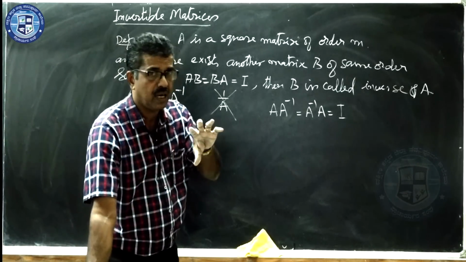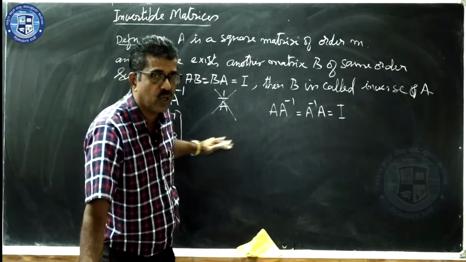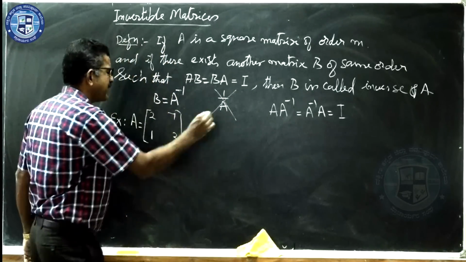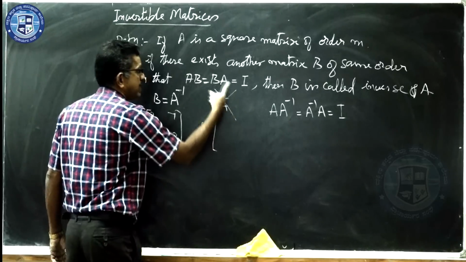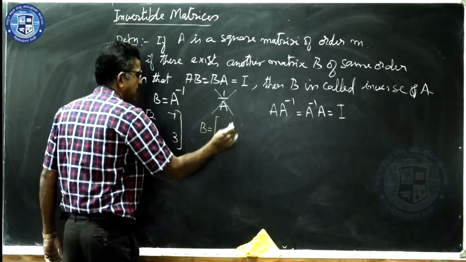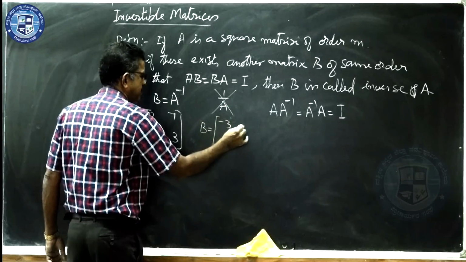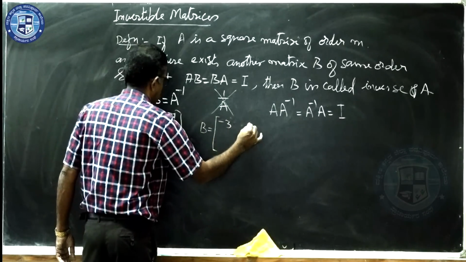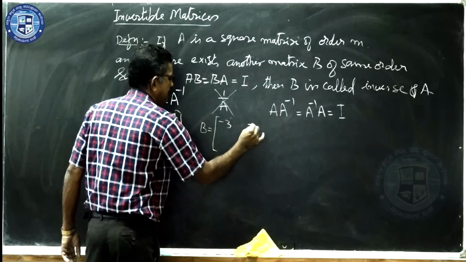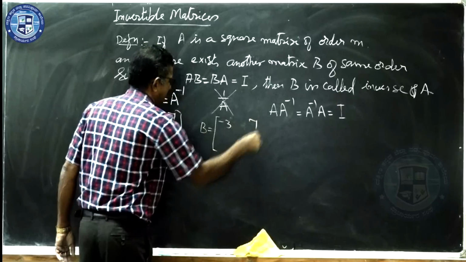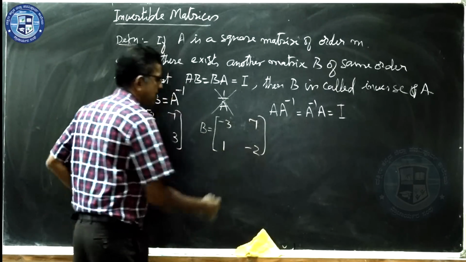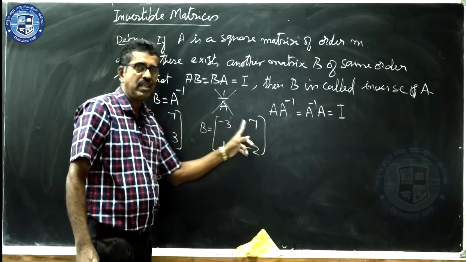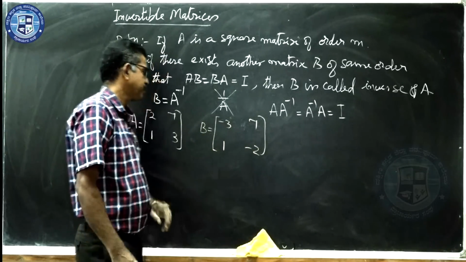You cannot tell all of a sudden, but okay, I'll give you. The other matrix B which satisfies this condition is minus 3, 7, 1, minus 2.